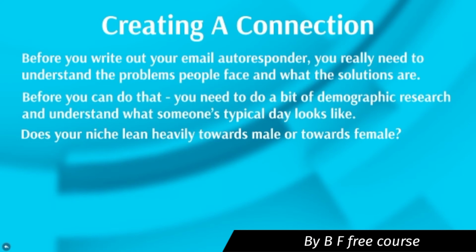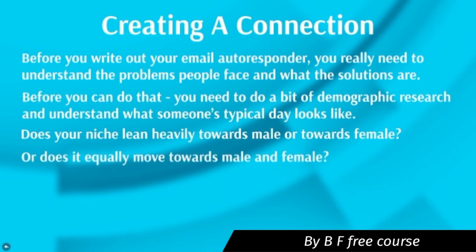So my question to you is, does your prospect within your niche lean heavily towards male or towards female? Or does it equally move towards both male and female? In other words, for it to lean just towards female, let's say, for example, that niche is 90% female, or even 95% female, or even 75%.